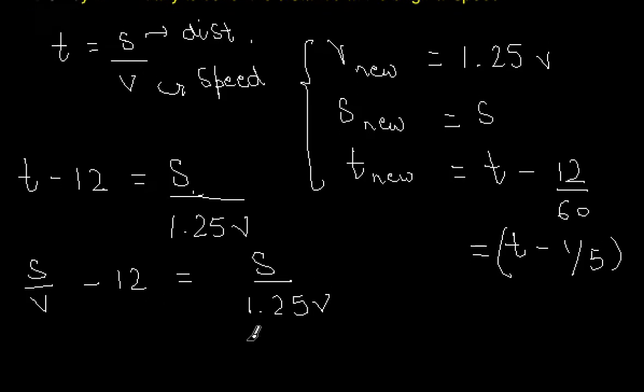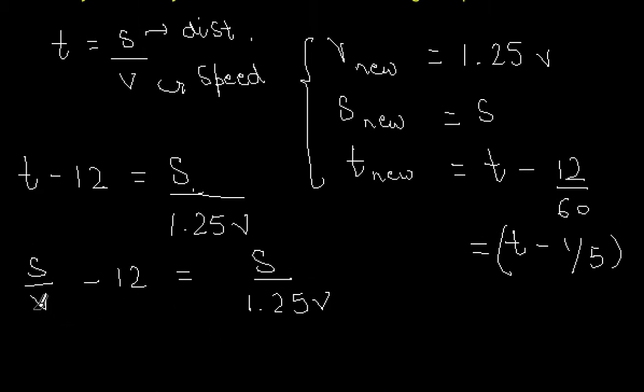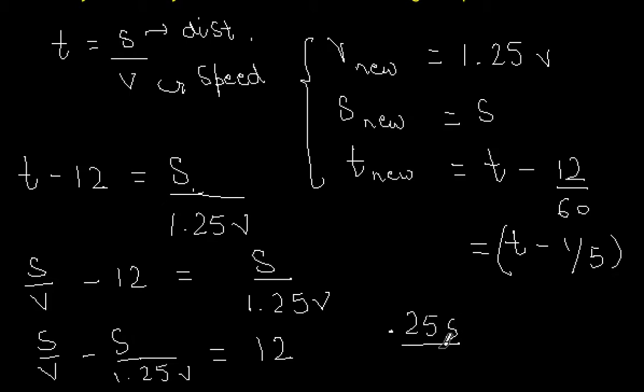Now if we bring s upon 1.25 v here and 12 here, we will have s upon v minus s upon 1.25 v is equal to 12. Now if we take 1.25 v as the LCM, we will get 1.25 s minus s, which is 0.25 s, upon 1.25 v is equal to 12.